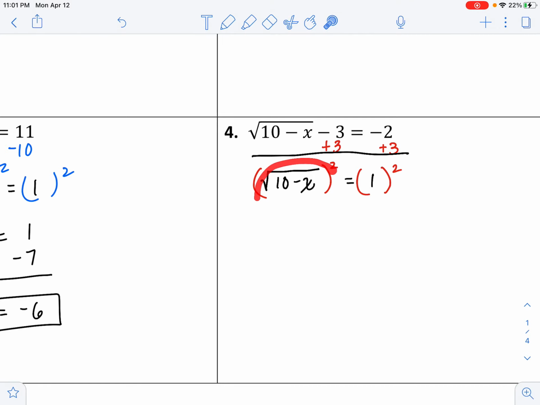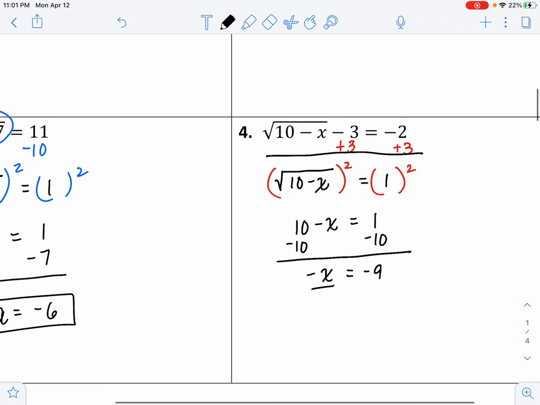The square roots squared, they undo each other. So we would just have 10 minus x equals 1 squared, which is 1. Then we're going to subtract 10 from both sides to get negative 1x equals negative 9. And then either multiply both sides by negative 1 or divide both sides by negative 1 to get x equals 9.